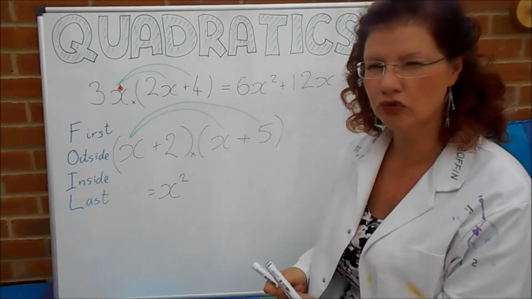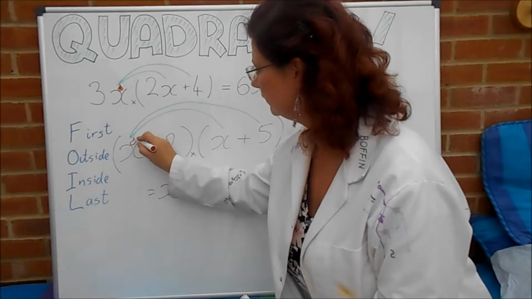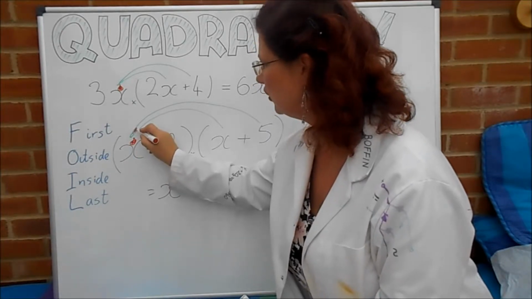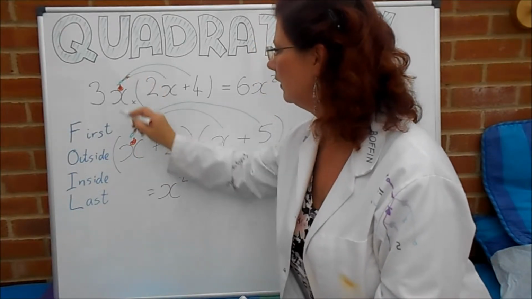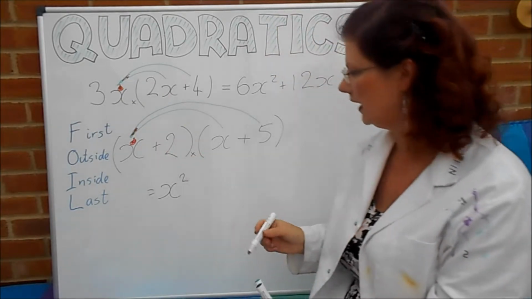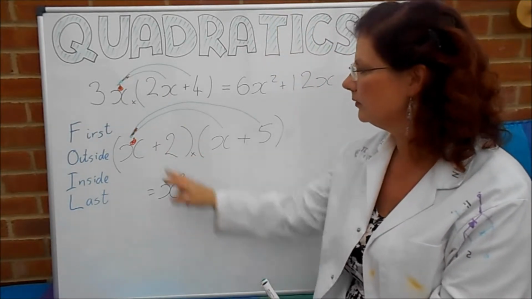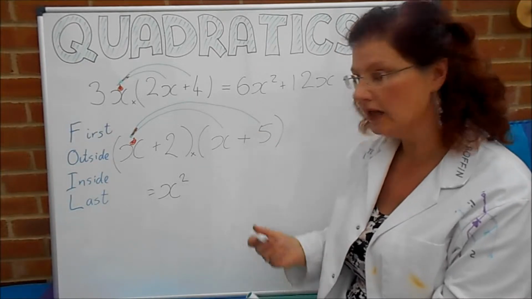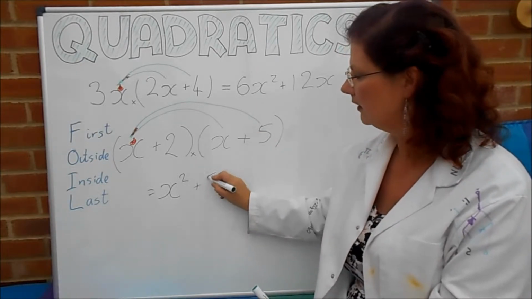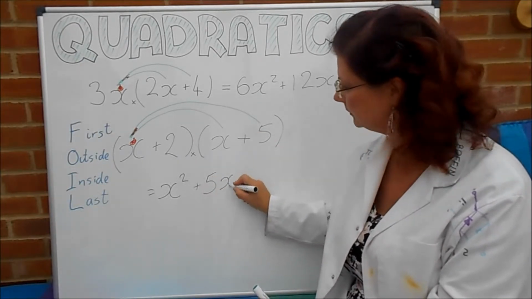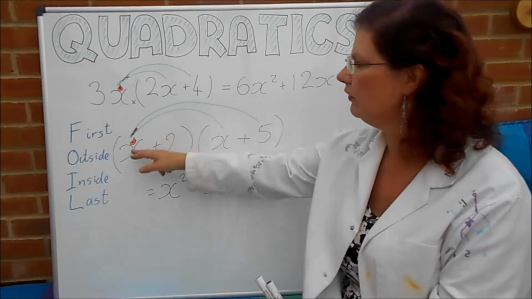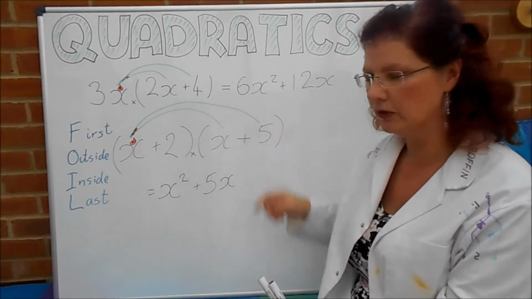And there's my first dragon claw. Bit of blood on there as well, I think. There we go. Lovely. So that's an x times a 5, 5x, and it's added. So that's the first two and the outside two.